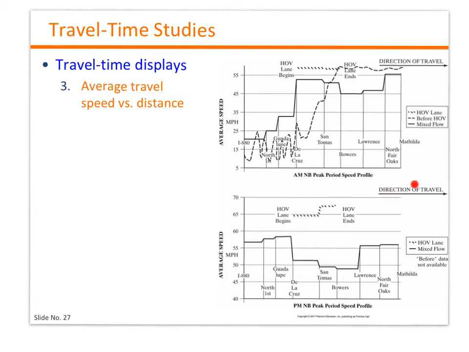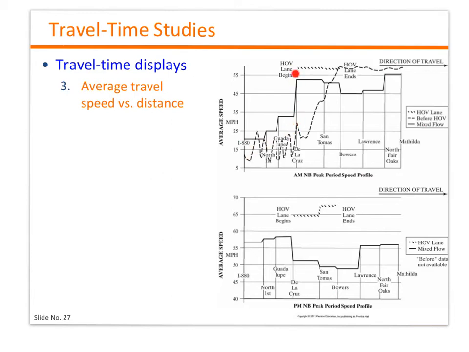The first example here, this is with the presence of the HOV lane. As you could see here, we have HOV lane, we have before HOV, we have the mixed flow. So the continuous line, this is the mixed flow, and you could see that the speed would increase pretty significantly once now I introduce the HOV lane. So before the HOV lane, the speed was low.